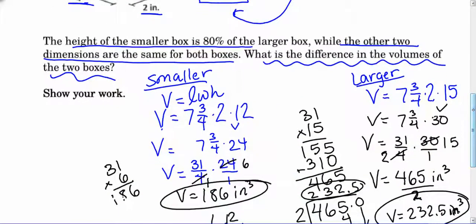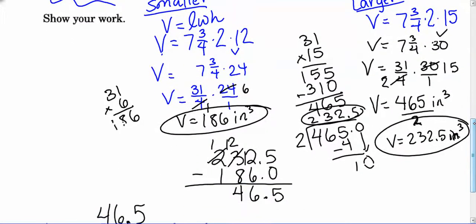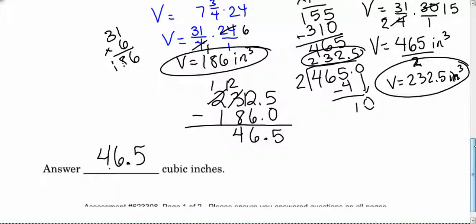You would then plug into the formula, volume, that's what we did next. All right, there's some fraction work involved there. Again, if you had your calculator, that would save a little time, but really that wasn't terribly difficult. And don't forget, obviously, to divide by 2 here on the second larger box, because we simplified, but we still had that over 2. So yeah, you can definitely then subtract and find your answer without much of an issue.